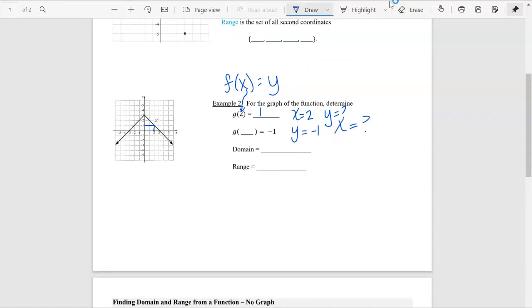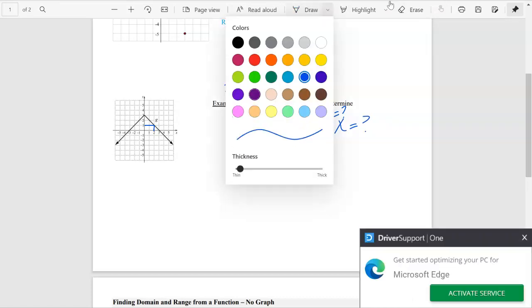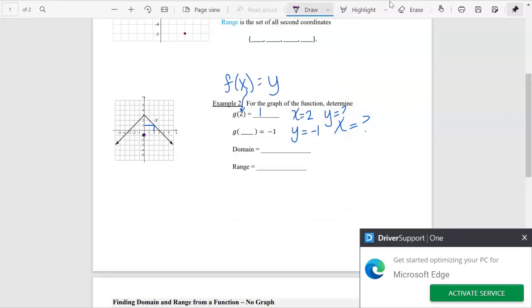So when we go to y equals -1, right here, we actually have 2 possible answers. We've got 4, or it could be -4. So I'm going to write both of those right here. It's possible to put 4, and it's also possible to put -4. In the computer lab, it's going to ask you to put both of the answers with a comma in between them.